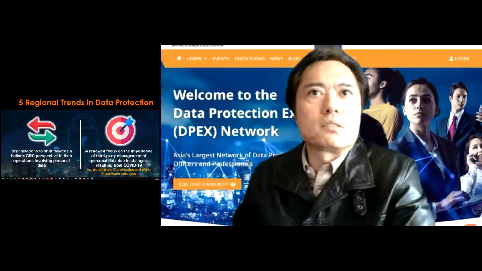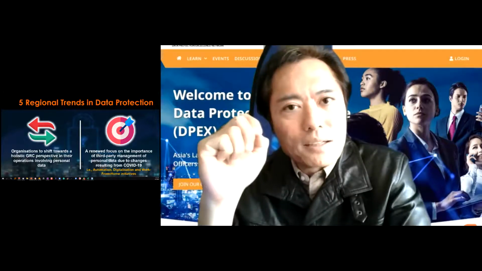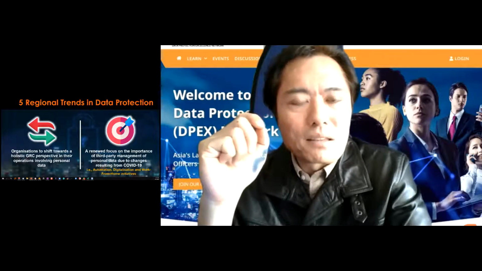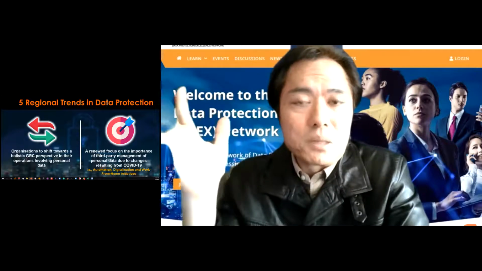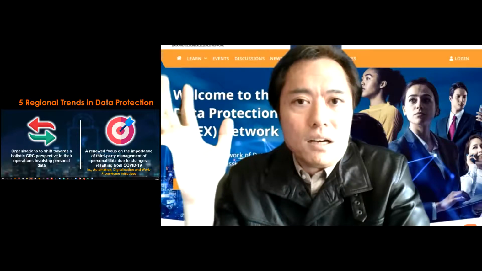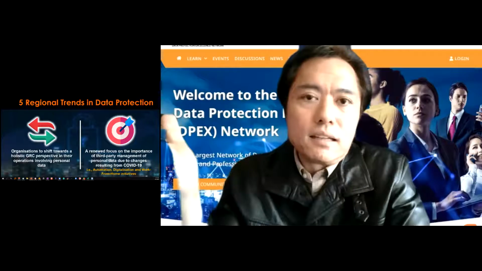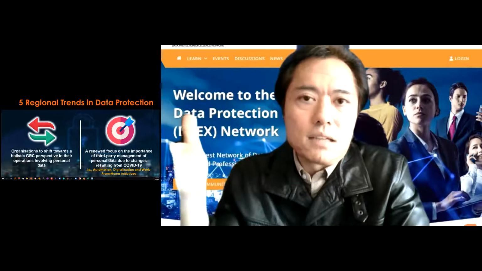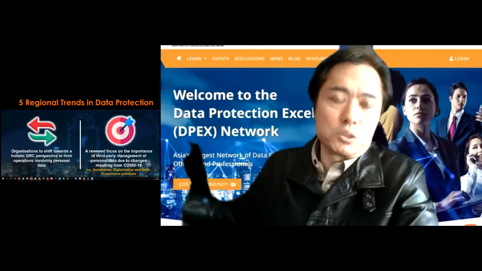Number 2, the renewed focus on the importance of third parties. As I speak to you right now, there's a big third party breach going on at Singtel. You all read in the papers, 100,000 members' data. I got an SMS from Singtel as well. Somebody managed to get personal data of customers through outdated equipment.